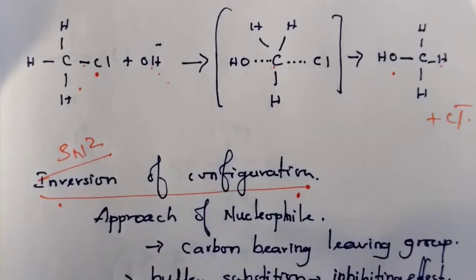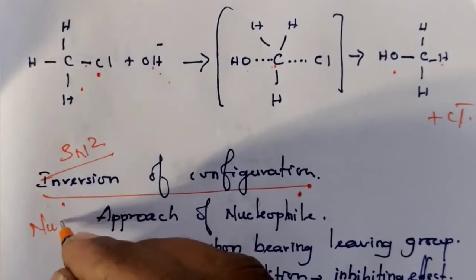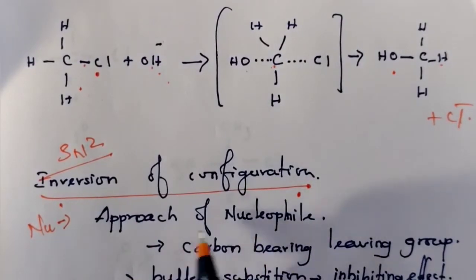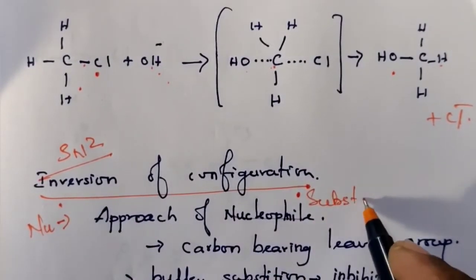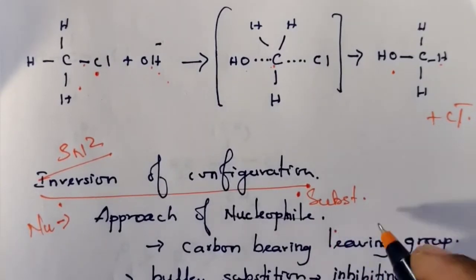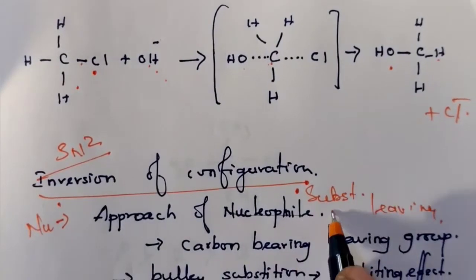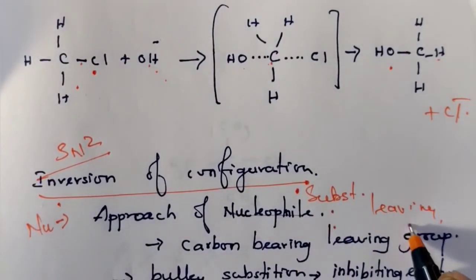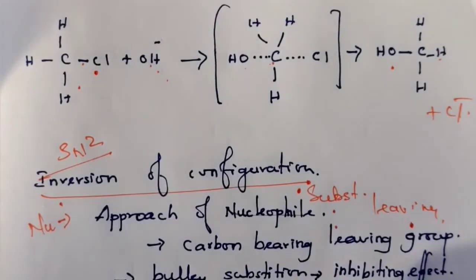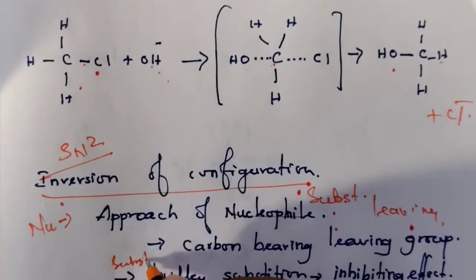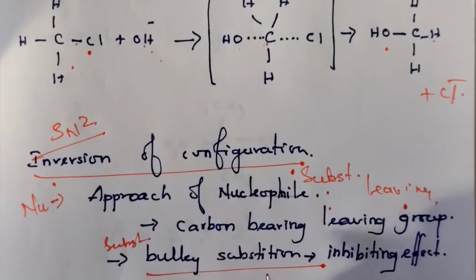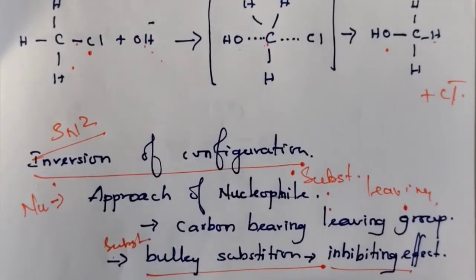In this SN2 mechanism, the nucleophile wants to approach the substrate molecule bearing the leaving group. Therefore, the presence of bulky substituents on the substrate molecule hinders or inhibits the reaction.